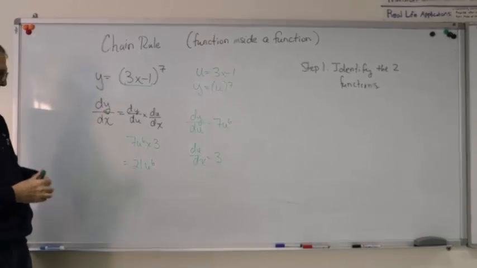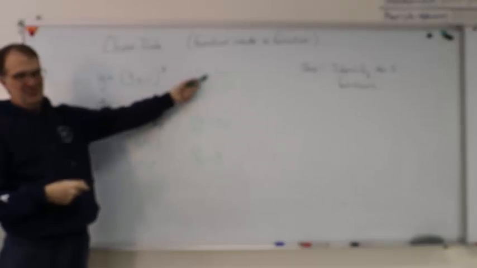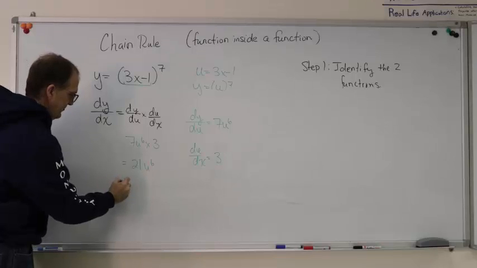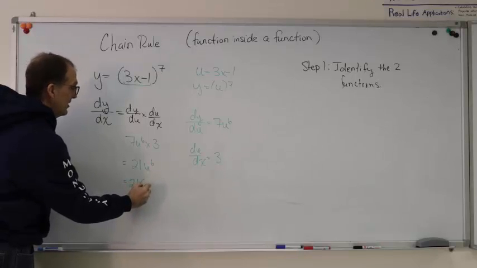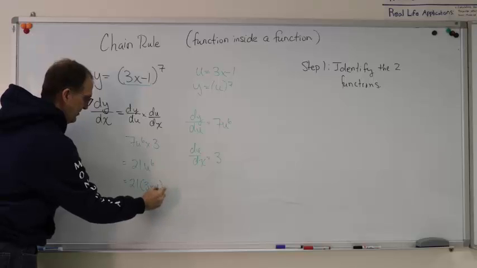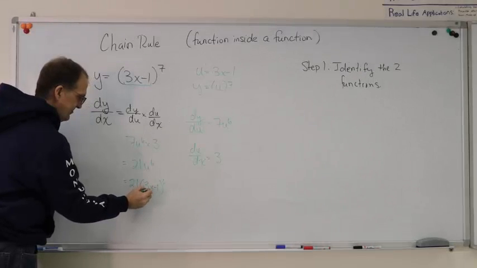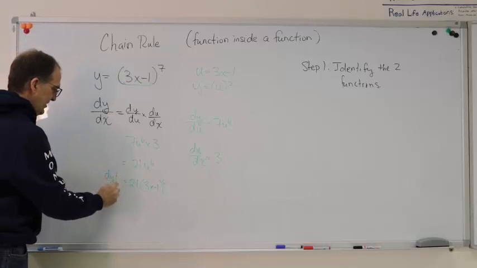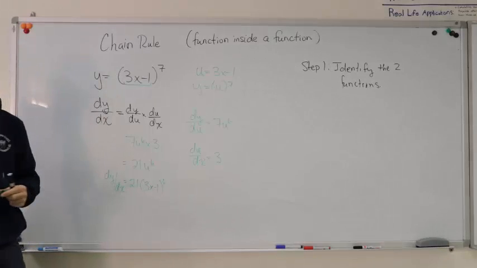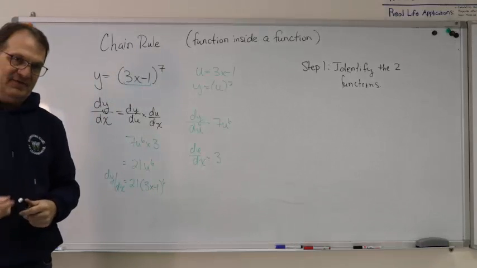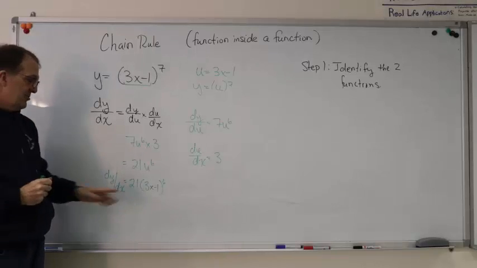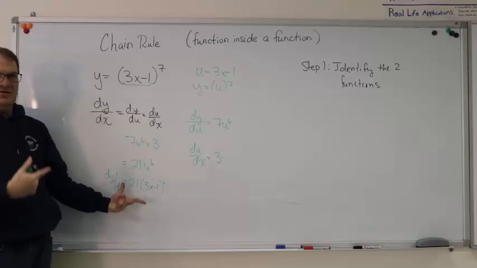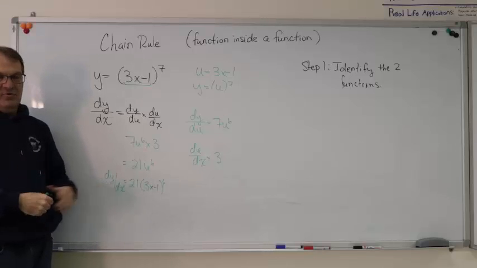But we're talking about dy/dx, so I go back and resubstitute for u, so this is really 21(3x minus 1) to the power of 6. And that is the derivative of y with respect to x. The good news is you do not have to multiply this out. This is its cleanest, simplest form, so we're going to leave it that way.